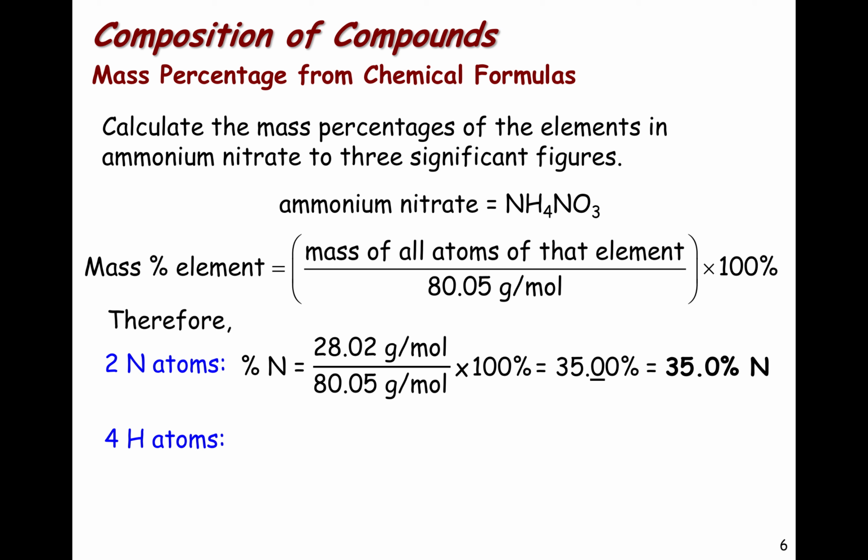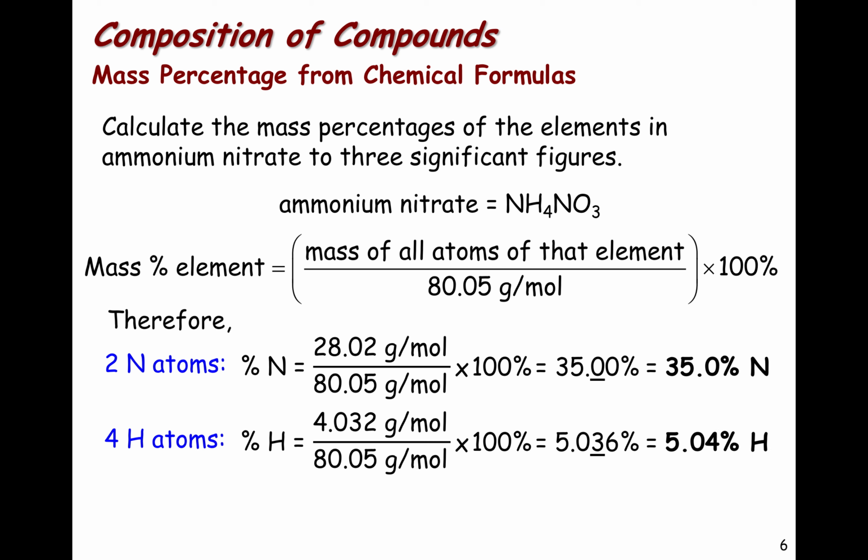In the case of hydrogen, there are 4 hydrogens in this formula. So 4 times the atomic mass of hydrogen, which is about 1, turns out to be 4.032. Divide that by the total, multiply by 100, and in this case we are going to deal with the 3 sig figs, and note that the first insignificant digit is greater than 5, so therefore we need to round up, so the percentage of hydrogen is 5.04. And then in the case of oxygen, there are 3 oxygens.